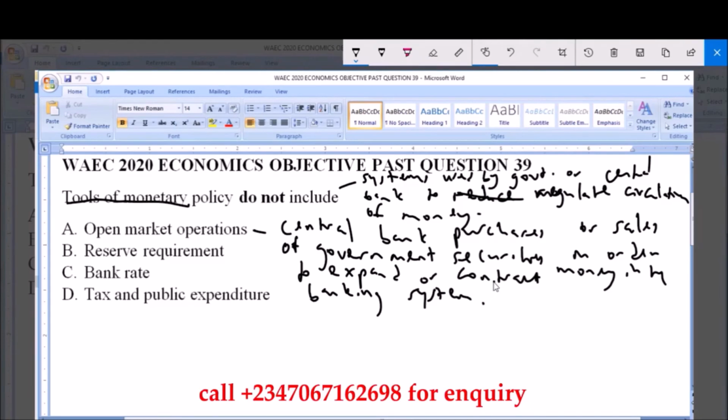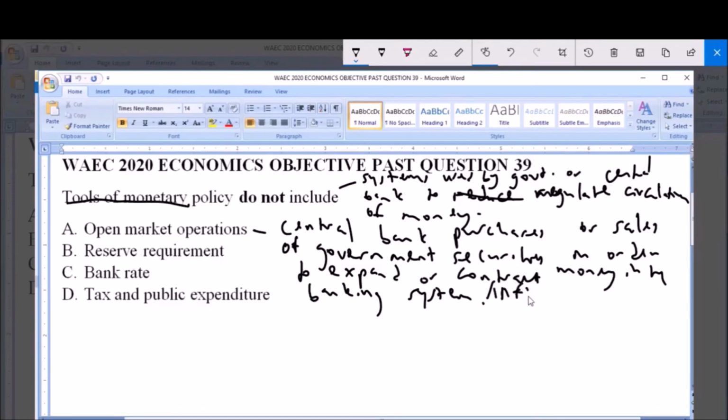And it is also done to influence interest rates. So as we have established here, it is done to expand or contract money within the circulation in the banking system. And the question asks for the one which is not among the tools of monetary policy. So as we have established here, the open market operation is a tool of monetary policy because it is used to regulate circulation of money in a particular system. So it is not the answer to this question.